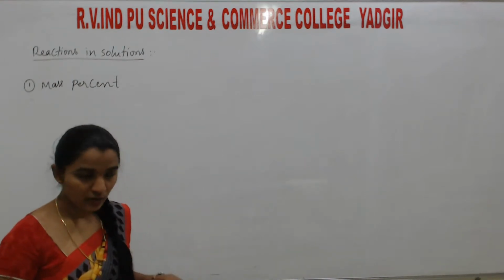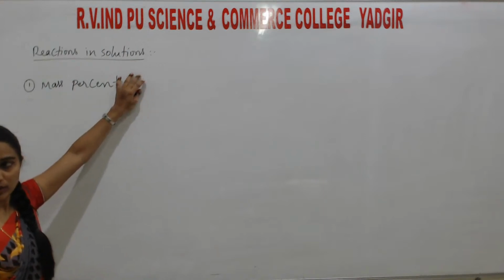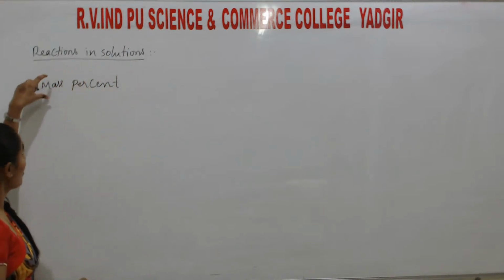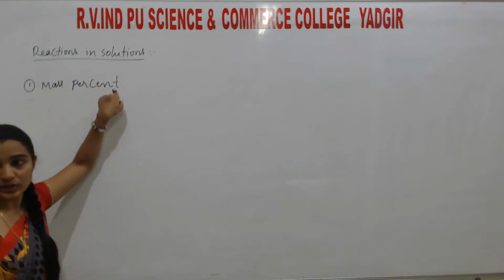So students, you know mass percent in the solution. The first one in reactions in solution is how to find the amount of substance present in the solution, for example mass percent.